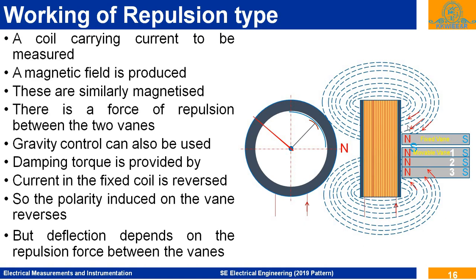This will increase the field strength, which will increase the pole strength generated on these iron vanes, and based on the pole strength generated on these iron pieces, there is a repulsion between the two iron pieces.